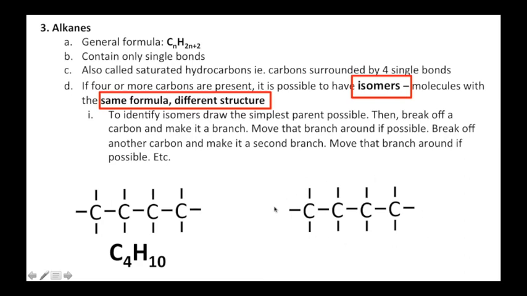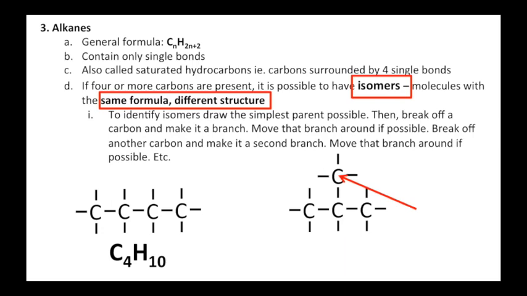Here's another butane. Now it says here, to identify isomers, draw the simplest parent possible, then break off a carbon and make it a branch. Move that branch around, break off another carbon, make it a second branch, move that branch around. So watch. I can make an isomer by breaking off an end carbon, and I can place it in the middle.